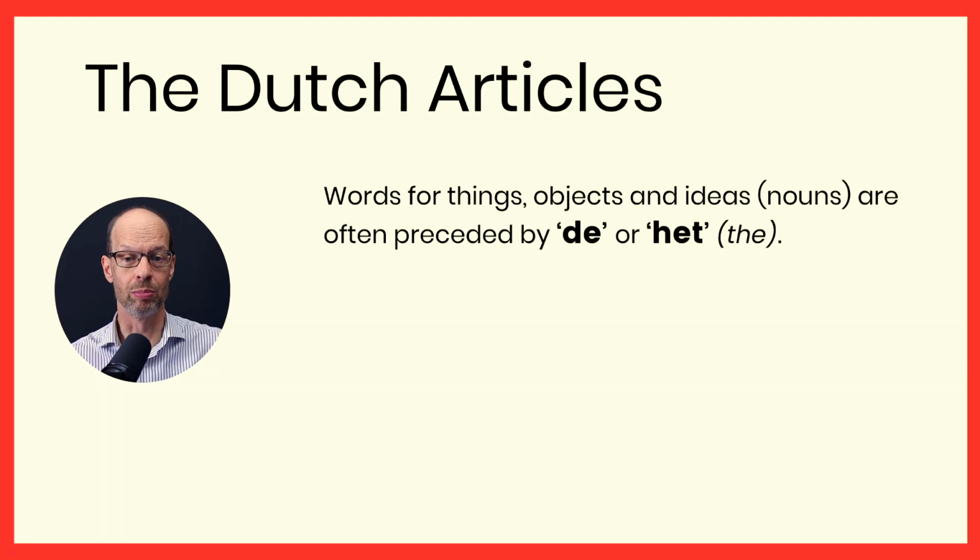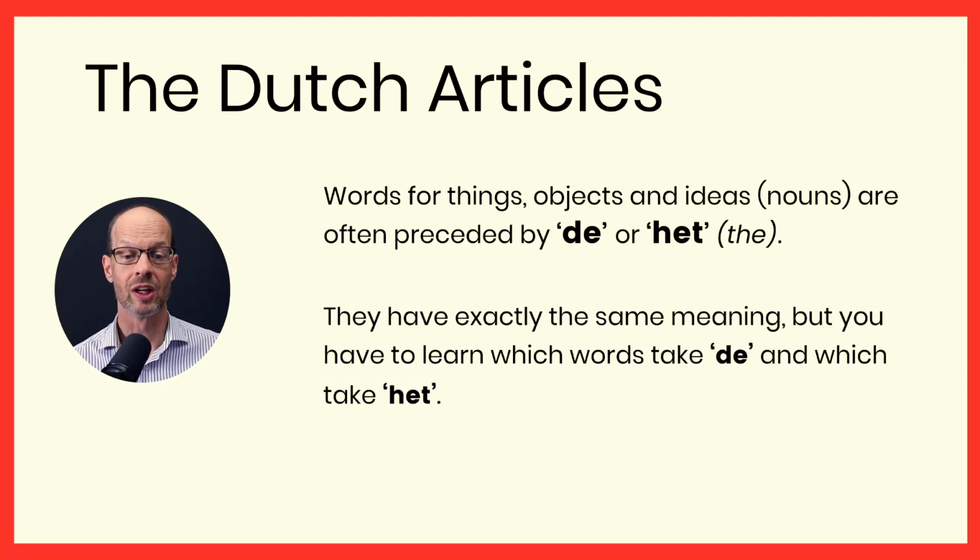So in English it's the book, the boy, the girl, but in Dutch that is different. Some words go with de and some words go with het. And they have exactly the same meaning, so de and het, they have exactly the same meaning, but you have to learn which word takes de and which word takes het.